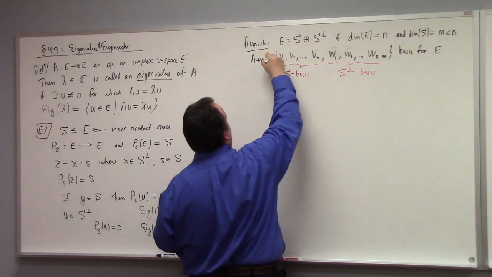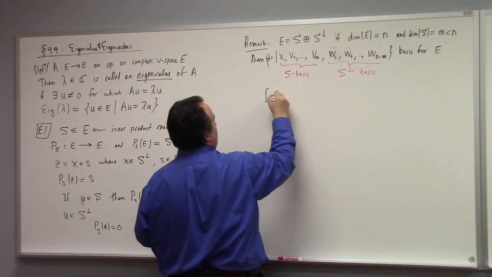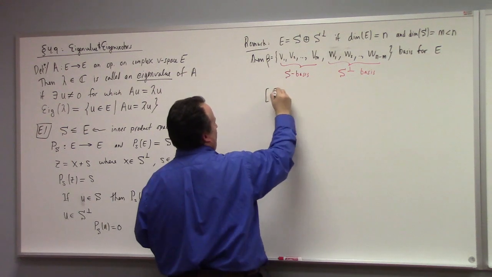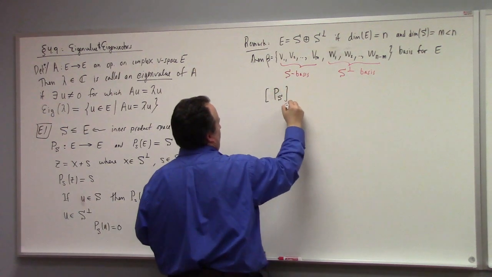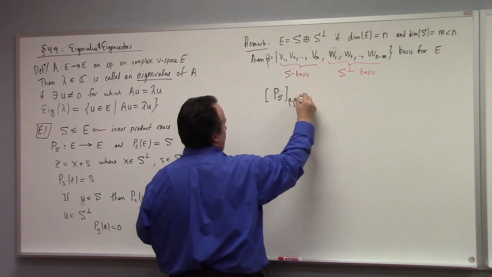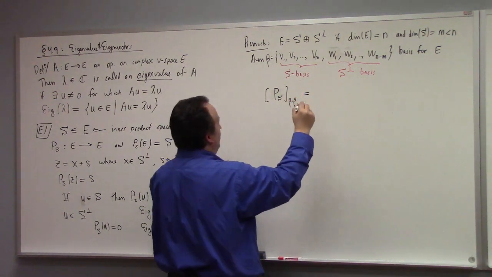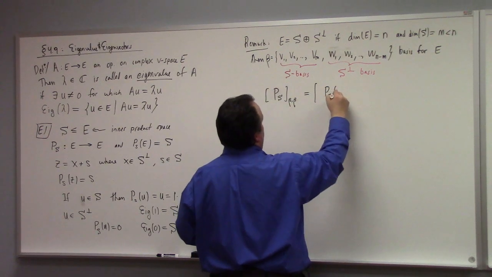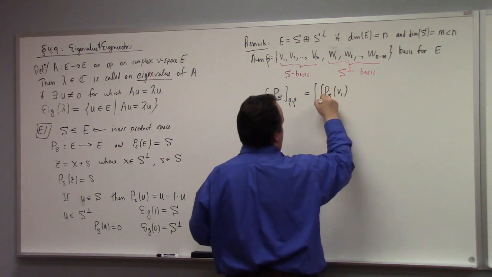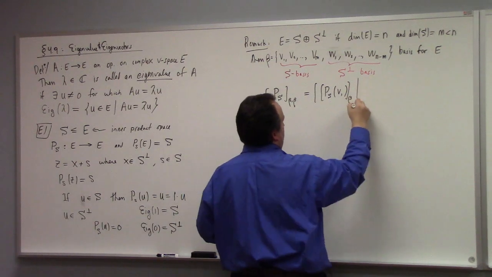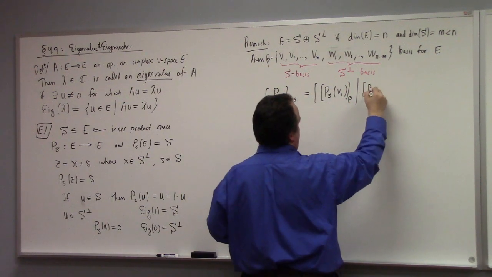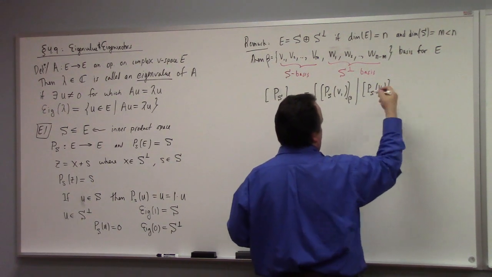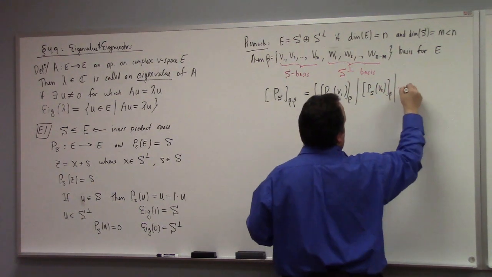If I call this basis beta, then the matrix of the projection operator with respect to this beta basis is found by letting the projection operator act on the first thing in the basis, calculating the coordinate vector of that, then letting it act on the second thing in the basis, taking the coordinates of that, and so forth.